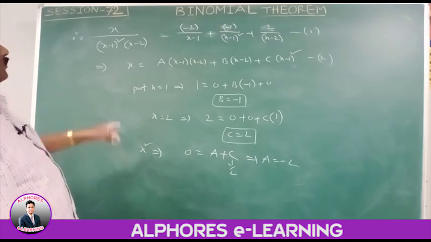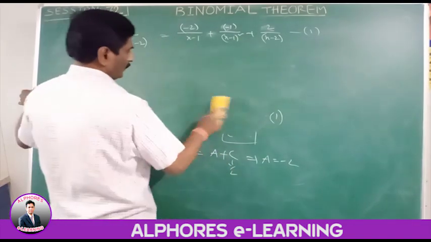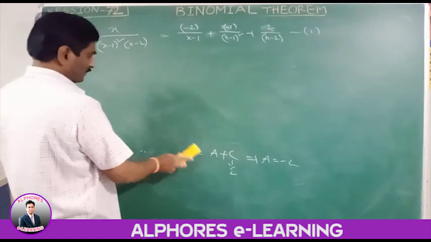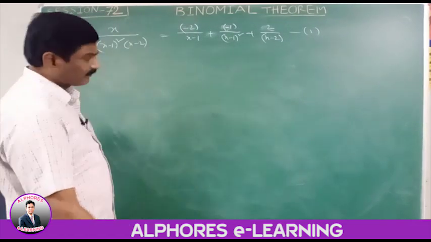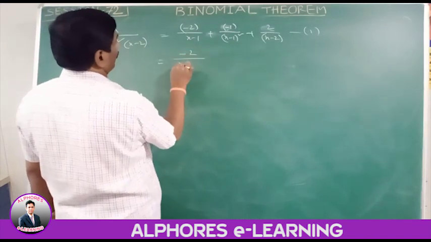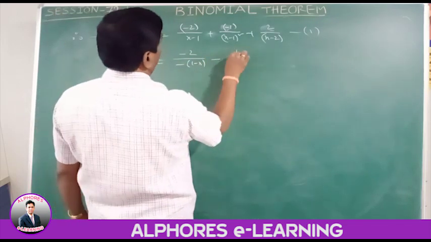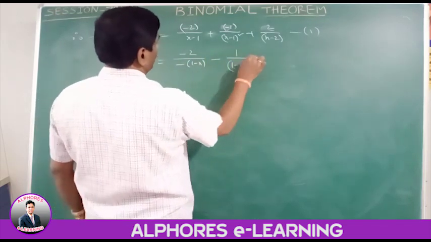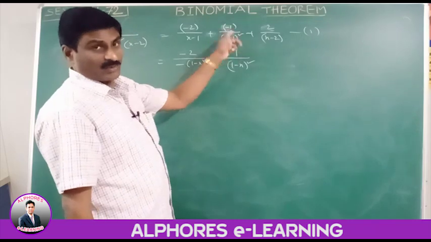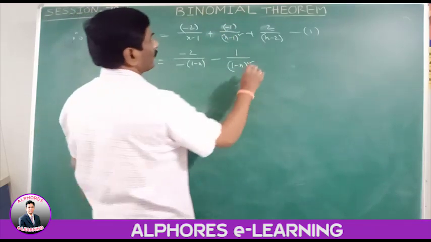Therefore, x by (x minus 1) whole square into (x minus 2) is equal to, first we find the partial fractions, then we find the coefficients. Here minus 2 by (x minus 1) means minus 2 by minus of (1 minus x). Here minus 1 by (1 minus x) whole square; minus of whole square means plus.